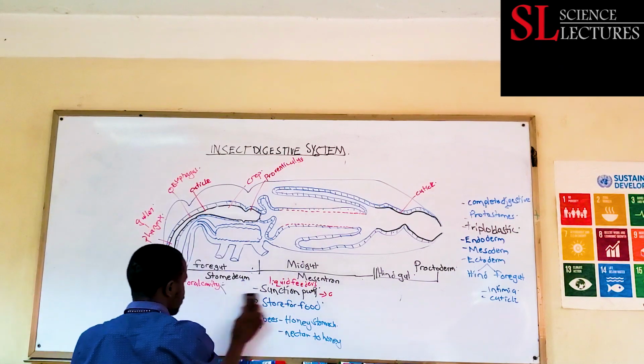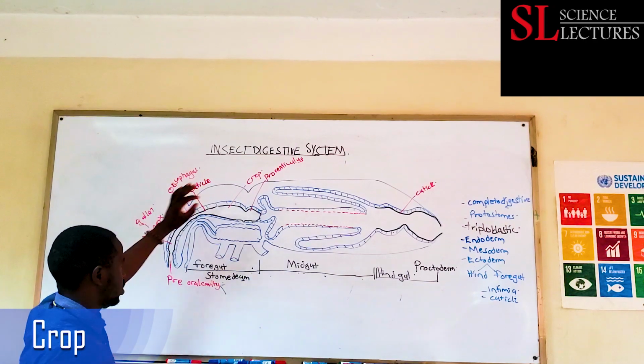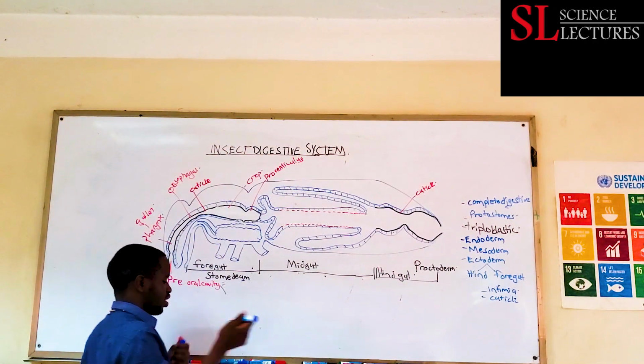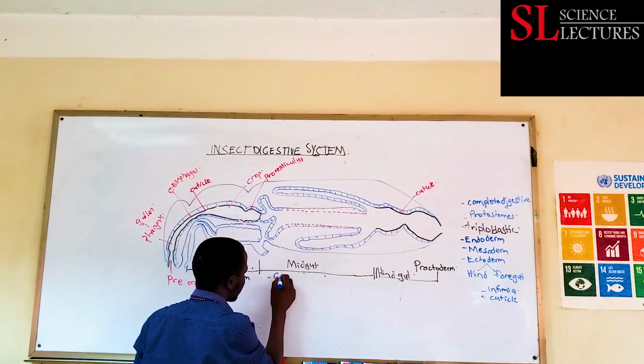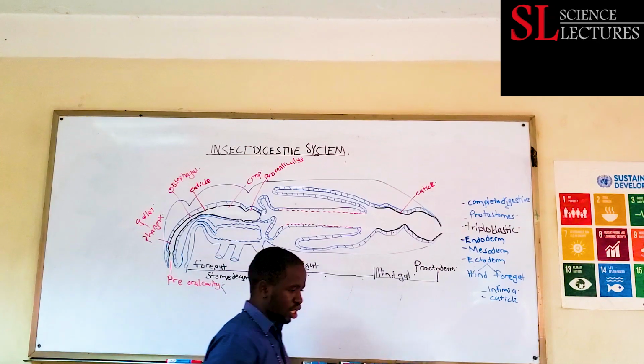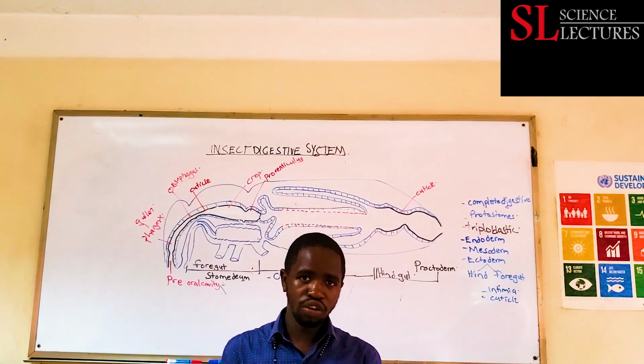As you hear, pro means before, so it is the part before the ventriculus. The proventriculus is what in some texts is called the gizzard of the insect. The gizzard plays a role in mechanical digestion of food.